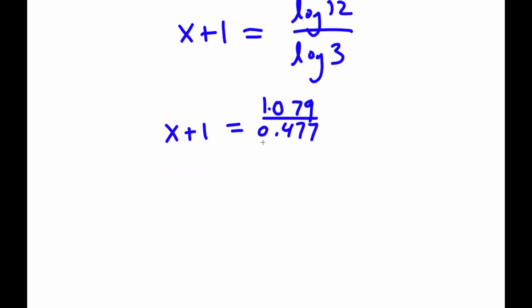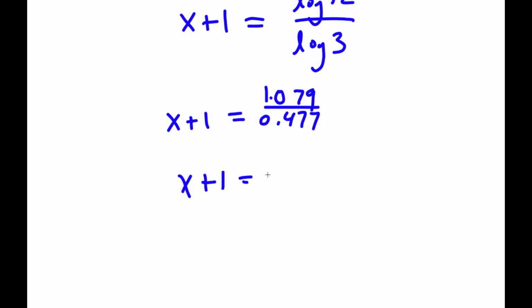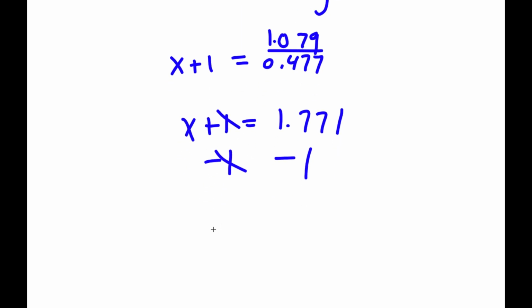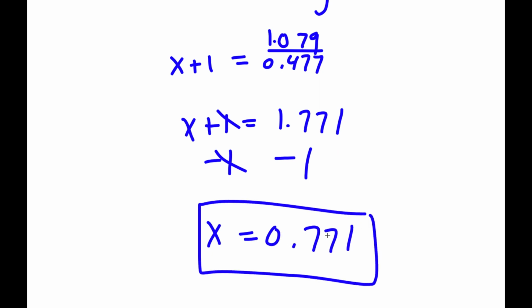So I have 1.079 over 0.477, and if I divide those two, I get 1.771. Now I have x plus 1 equals 1.771, so all I have to do is simply subtract 1 on both sides, and I get x is equal to 0.771. So this is my answer.